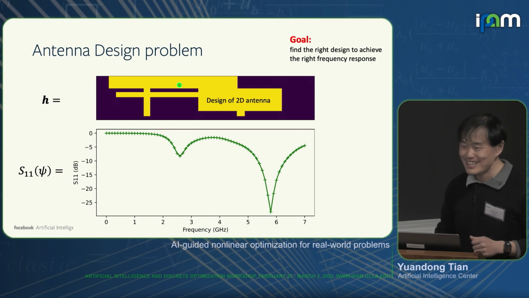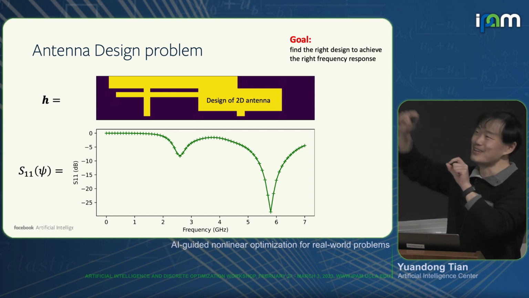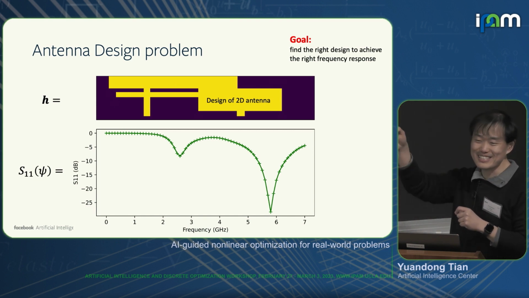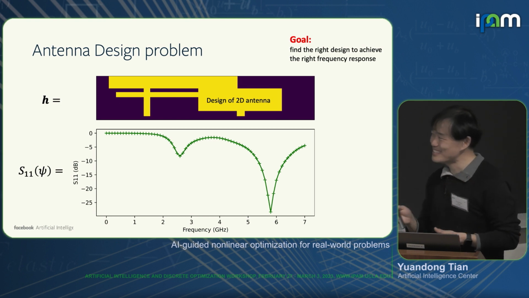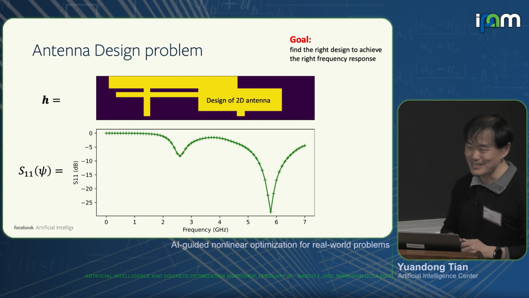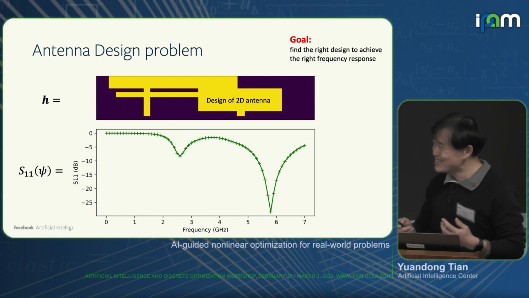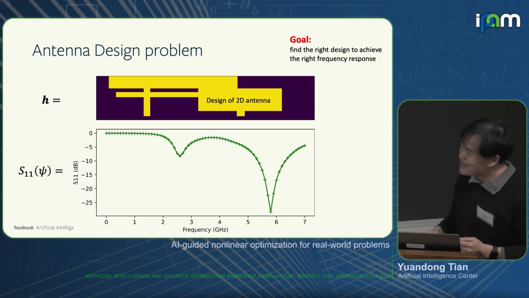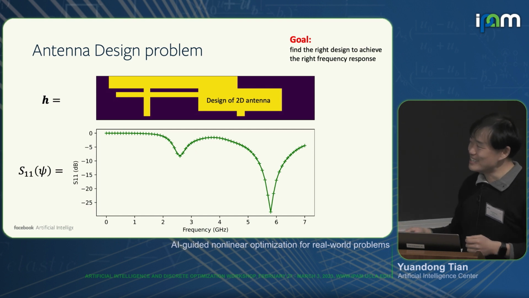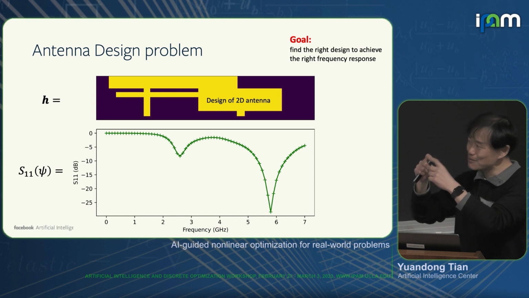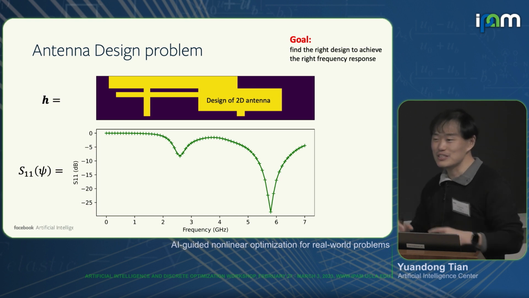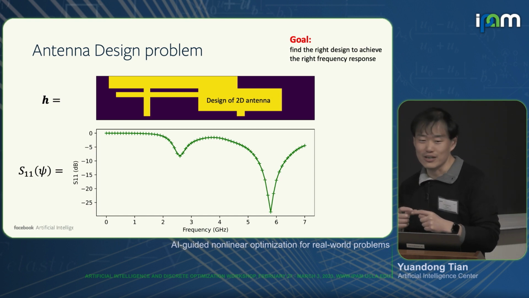In our impression, an antenna is a bunch of metal sticks sticking out to the sky, put in different arrangements so that they can receive signals from the sky. That's our popular perception of an antenna. But in a real device, you really want to make the antenna as small as possible. You put it into a very small piece, so that it will still receive strong electromagnetic waves from outside.